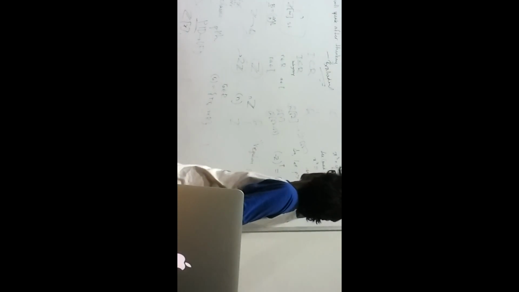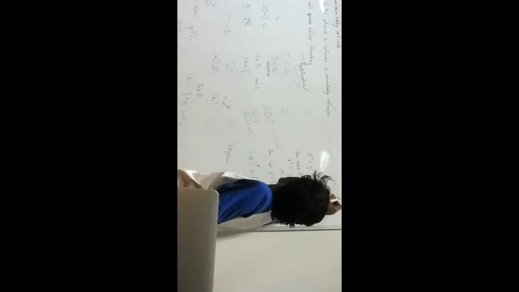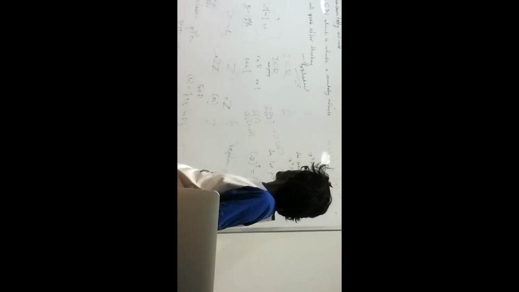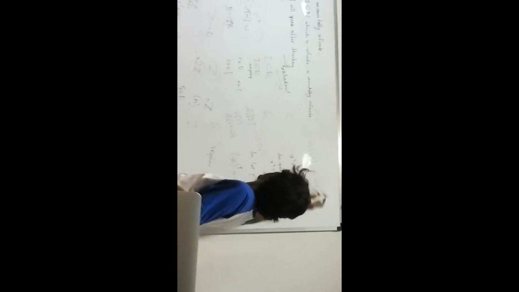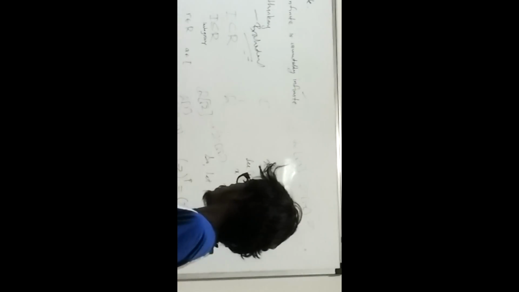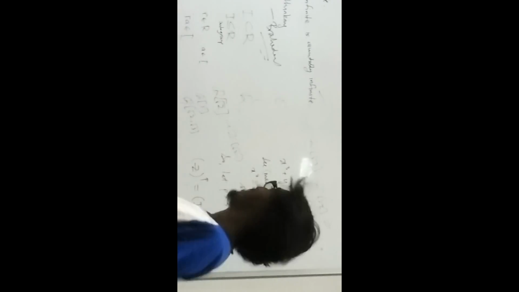Depending on whether whatever you have underneath the square root is congruent to either 1 or 3 modulo 4, you have that the ring of integers, that's what this is called, the ring of integers, corresponds with this ring of integers.